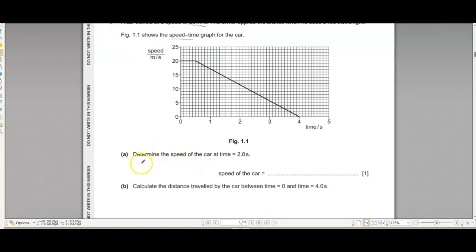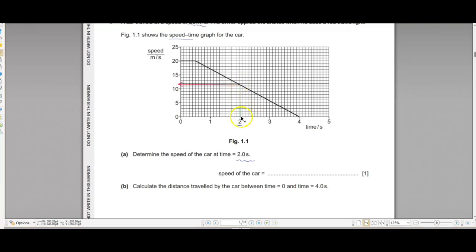Okay, so the first part was to determine the speed of the car at t equal to 2 seconds. The speed is mentioned here, the time is mentioned here, so this is t equal to 2 seconds, and we are going to draw a horizontal line like this and see where it corresponds to on the y-axis where speed is mentioned. Let me draw the line and come back.